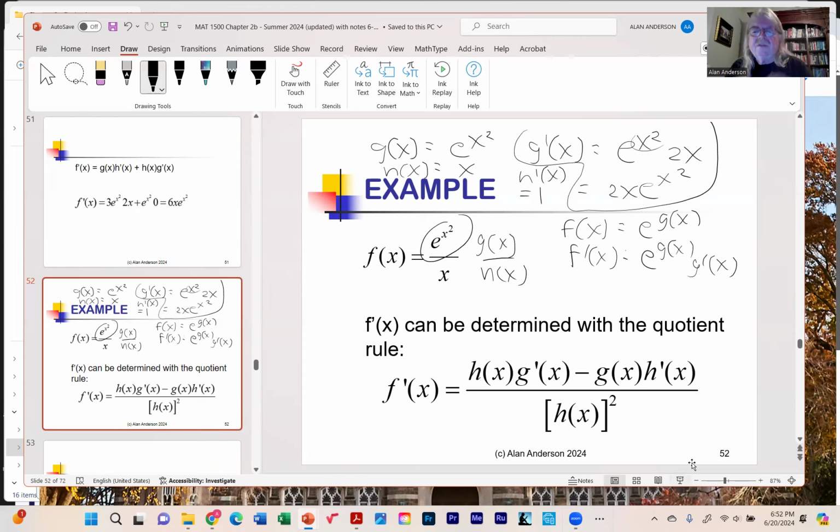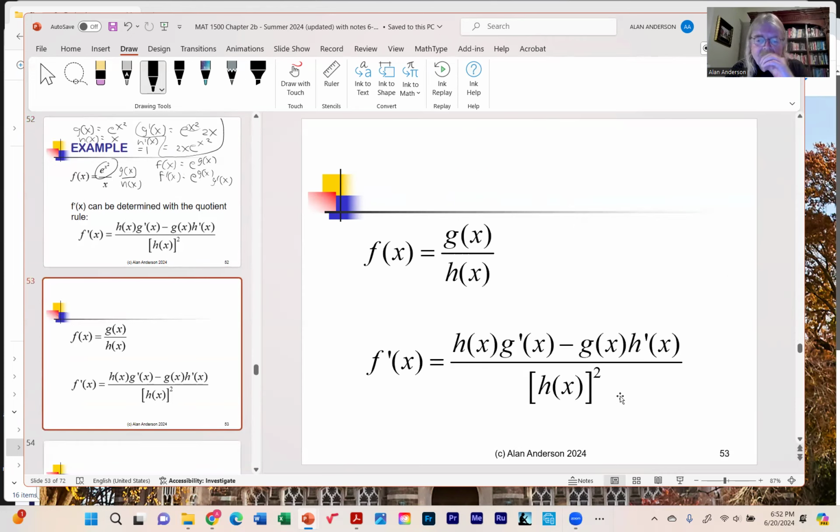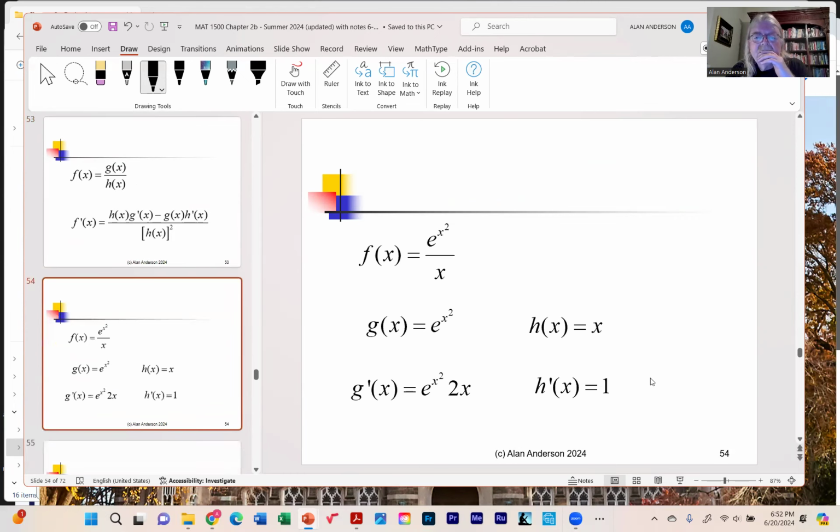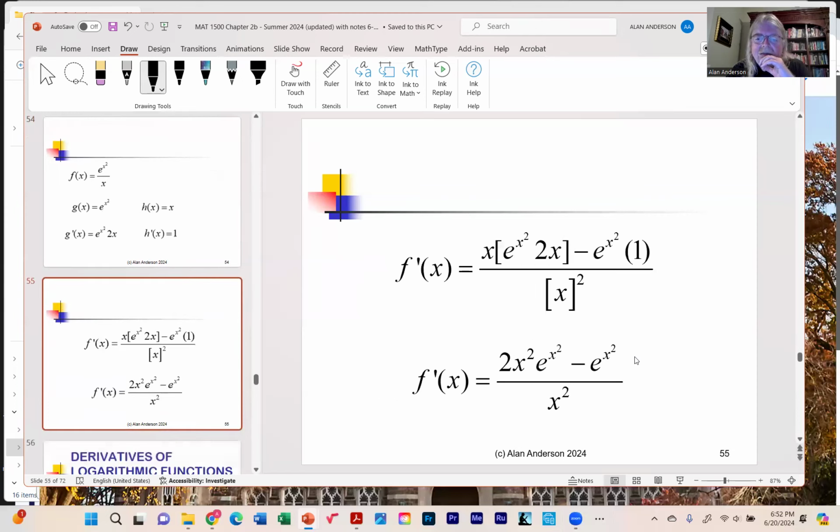And then you just plug them into the quotient rule, which is, yes, a very complex formula. So everything is laid out for you here. And we plug them in.